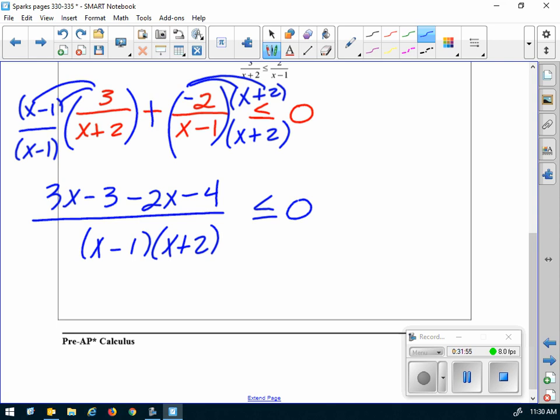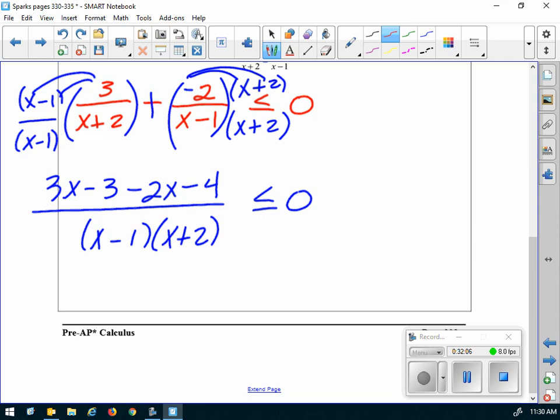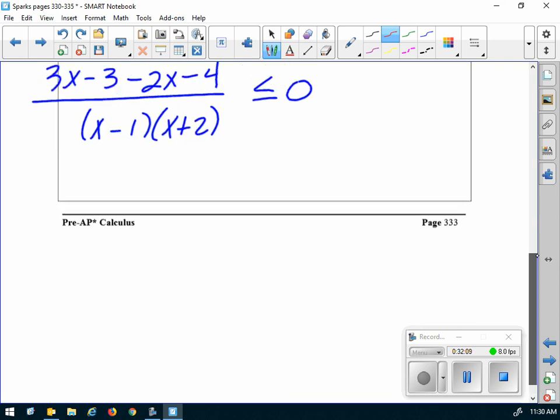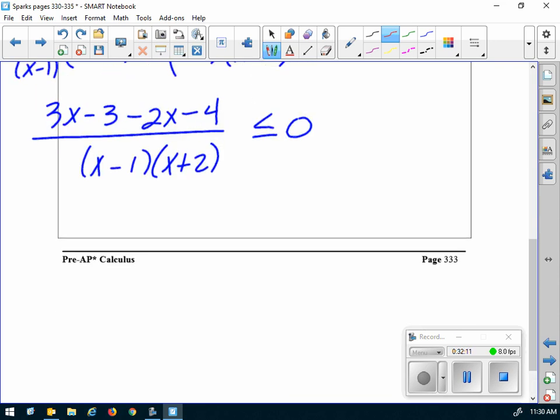Yeah, that's fine. As long as you get this, I don't care how you did it. If you just distributed the 2 and then distributed the negative, that's fine. No problem. Okay, so what's the numerator? x minus 7?